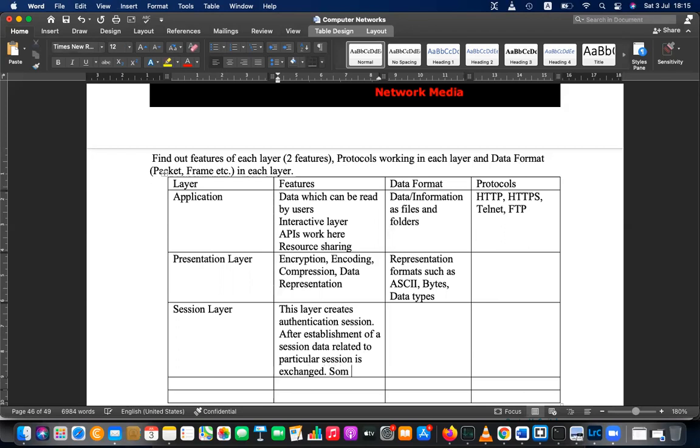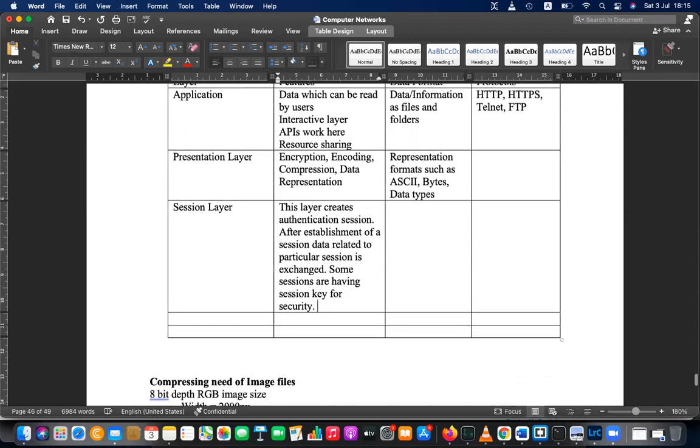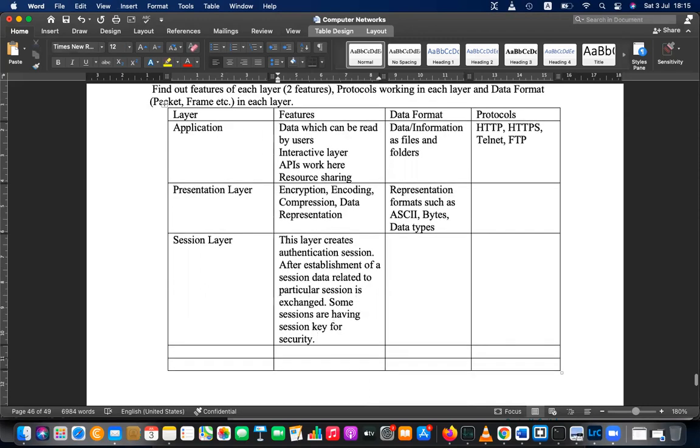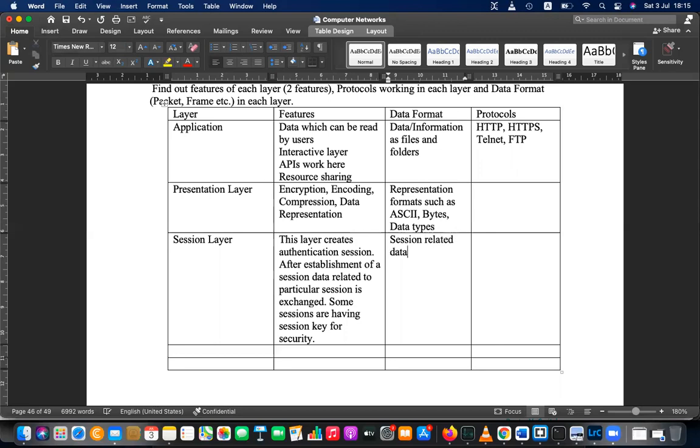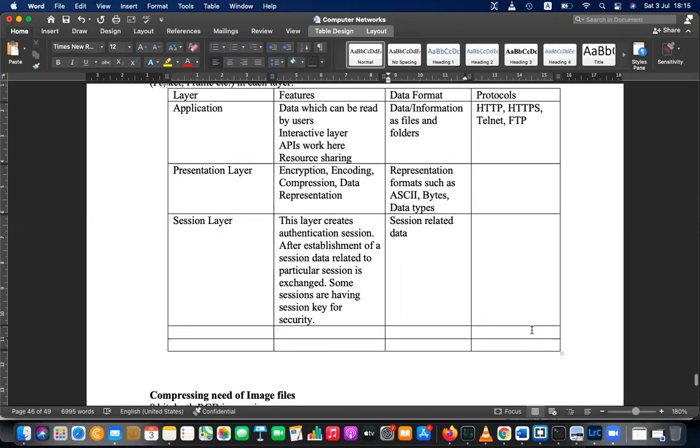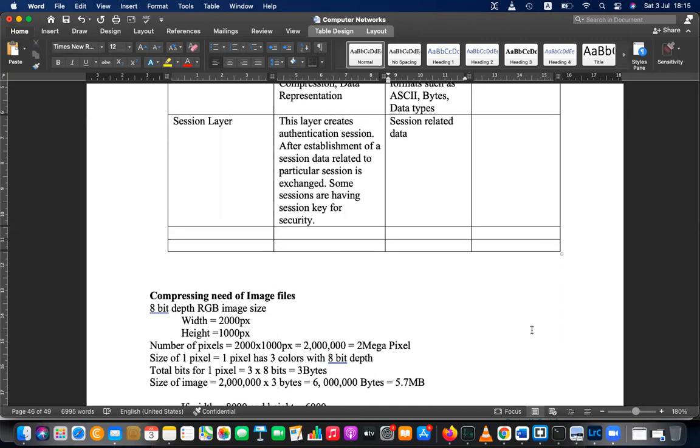Some sessions have a session key for security. In the session layer, you have session related data.